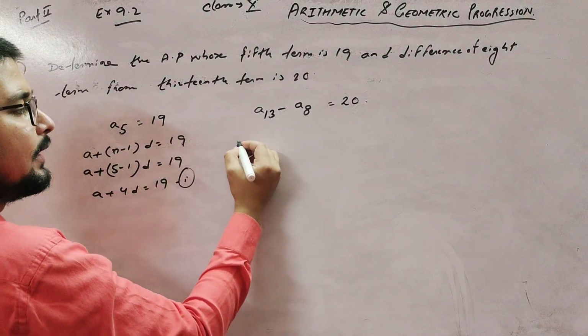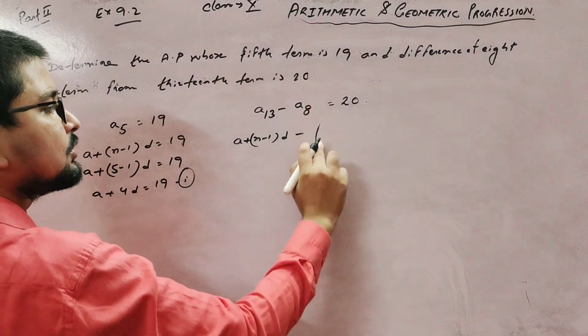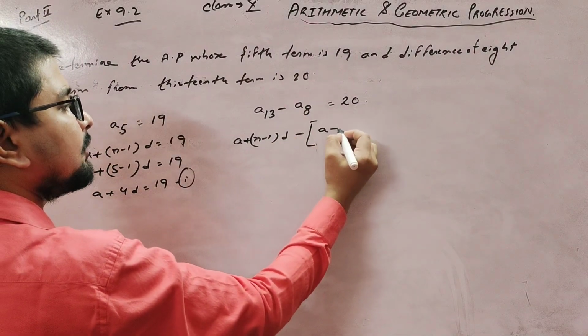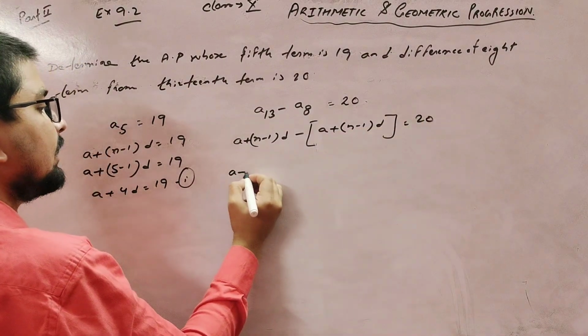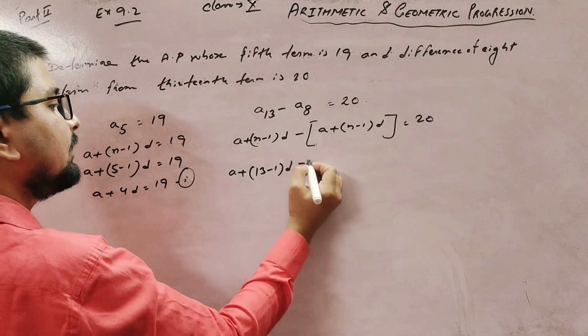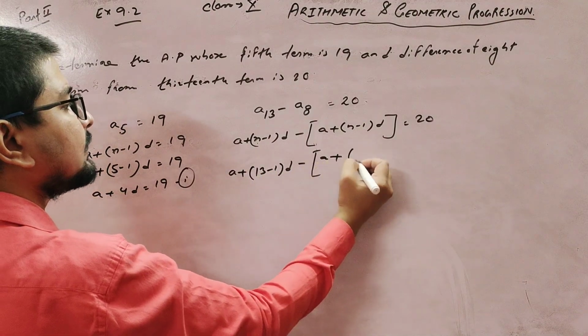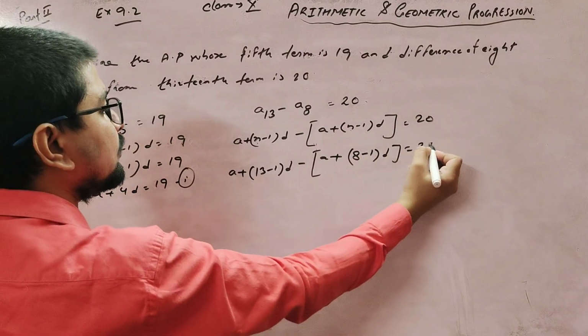Here is A plus N minus 1D minus, for this portion, A plus N minus 1D equals 20. So A plus, in place of N we write 13 minus 1D, minus A plus, in place of N we write 8 minus 1D, equals 20.